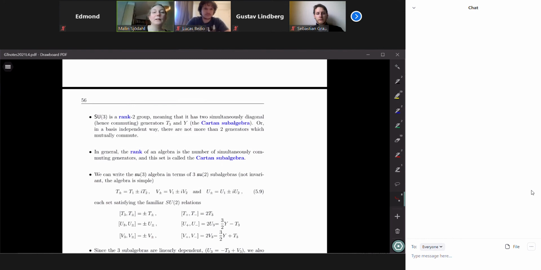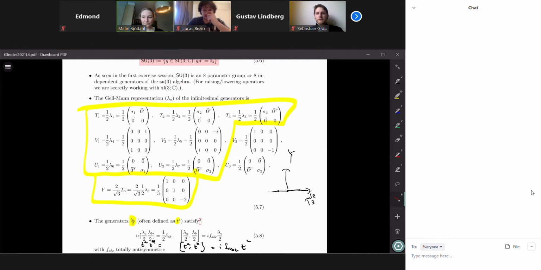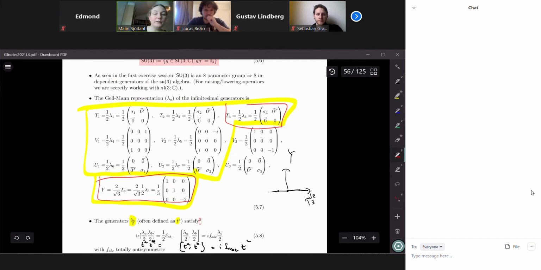That means that it has two simultaneously diagonal and thus commuting generators, T3 and Y. So going up to the matrices, we see here that our T3 up here is diagonal and our Y up here is diagonal. They are diagonal and that's nice because then they commute. And that's nice because then we can simultaneously label states according to the eigenvalues of them.